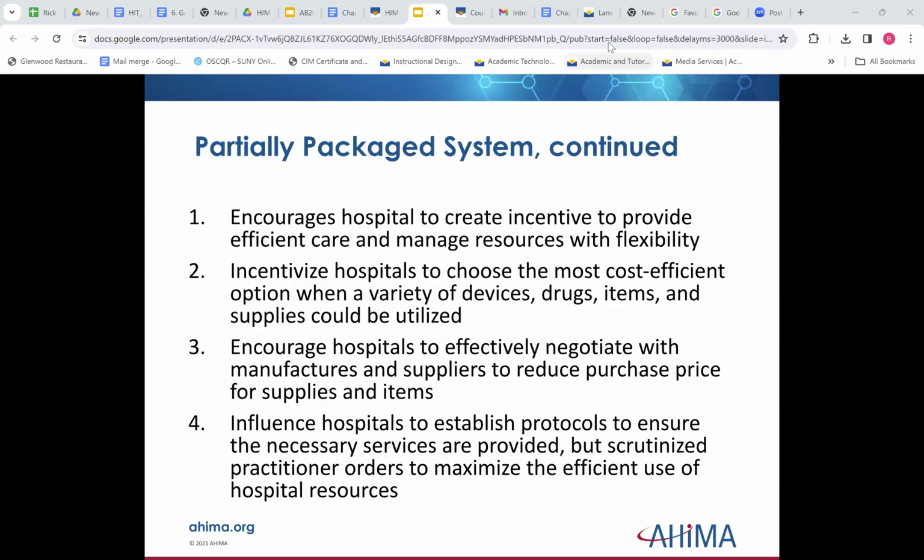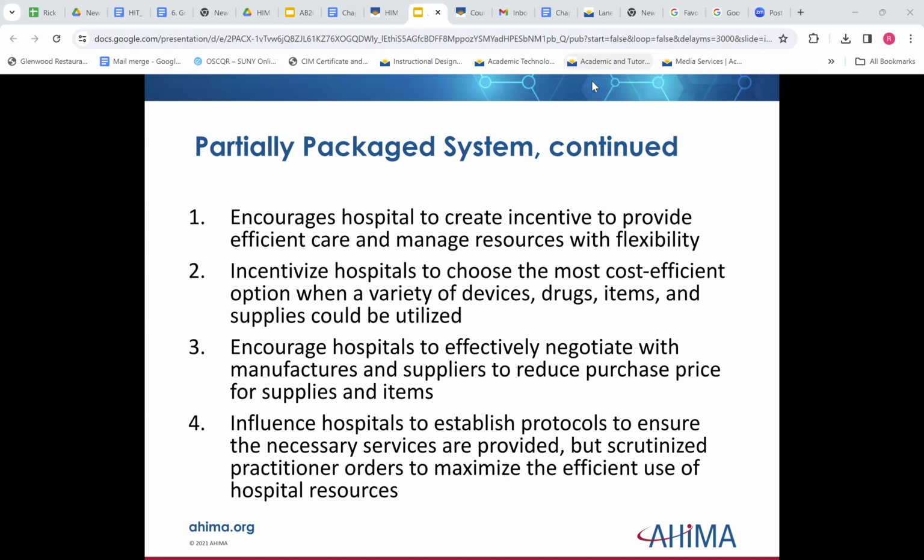Well, we can also have partially packaged systems. So basically, we're encouraging the hospital to provide some efficient care and manage resources with flexibility rather than just saying it's either this or that. So basically, what we're doing is encouraging the hospital to choose the most cost efficient option when a variety of devices, drugs, items, and other supplies are utilized.